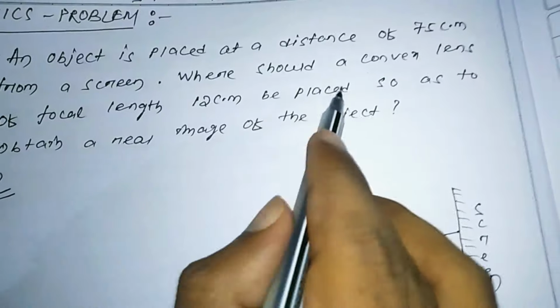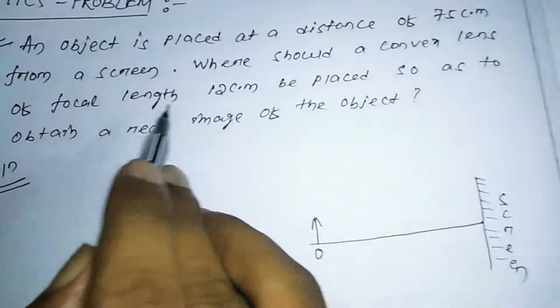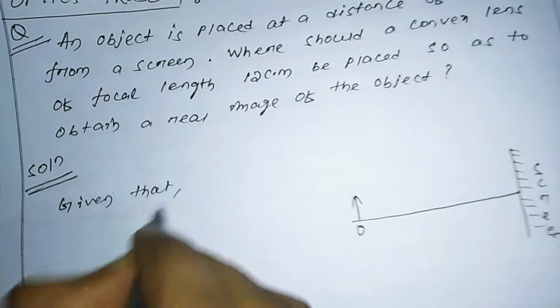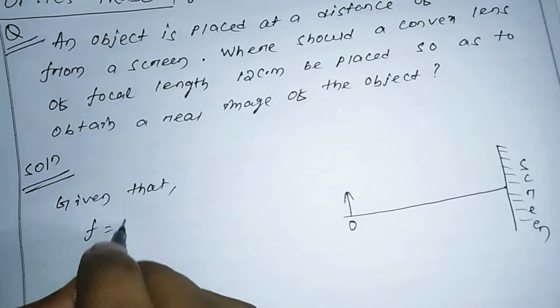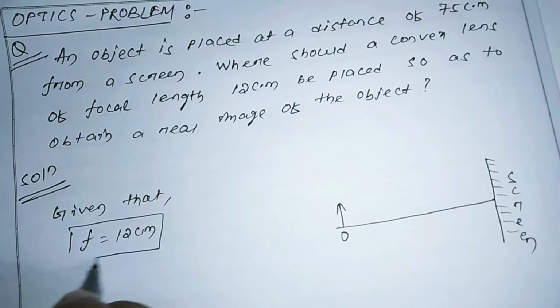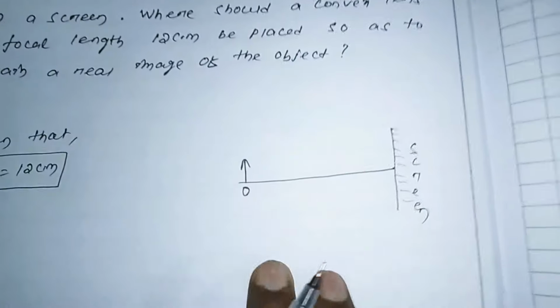A convex lens of focal length 12 centimeter. So given that, the focal length of the convex lens is 12 centimeter.